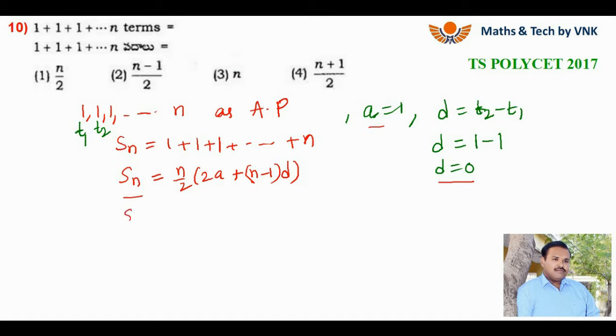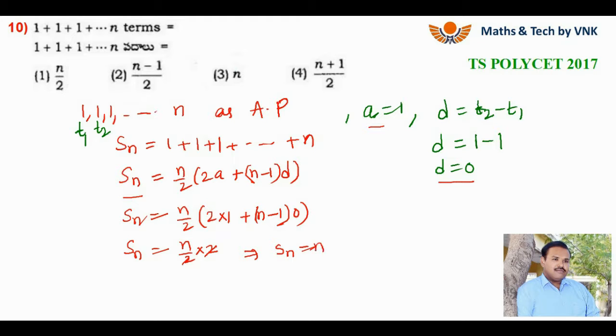So Sn is equal to n by 2 into 2a plus n minus 1 into d, d is 0. So this becomes Sn is equal to n by 2 into 2 plus 0, that is into 2. So 2 get cancelled. So Sn is equal to n. So sum of the n terms is n. The correct option is 3.